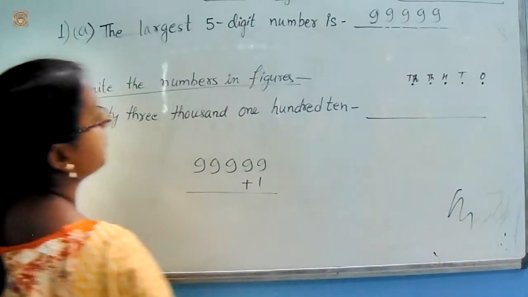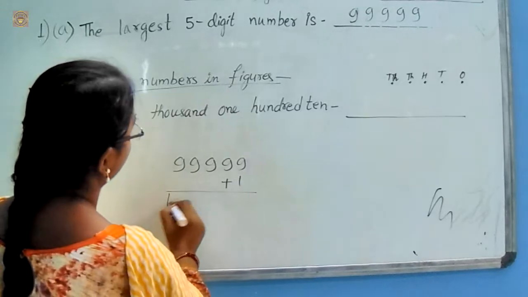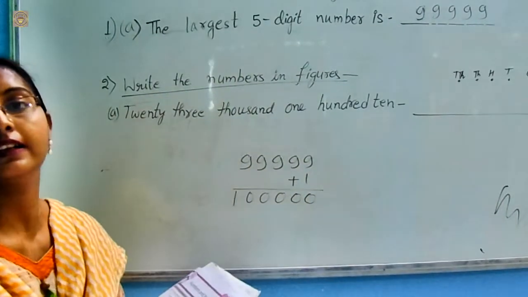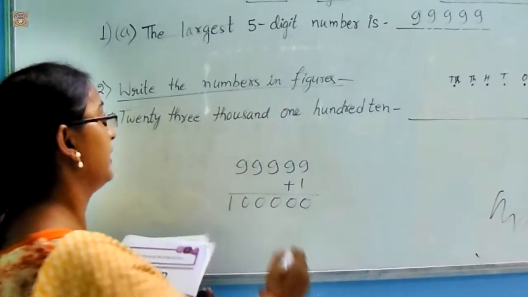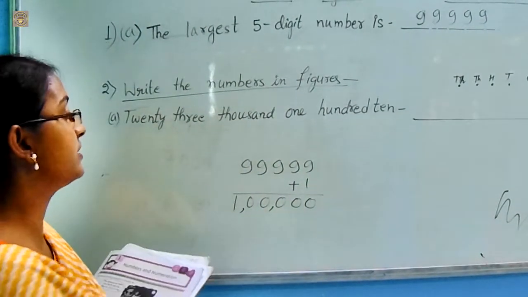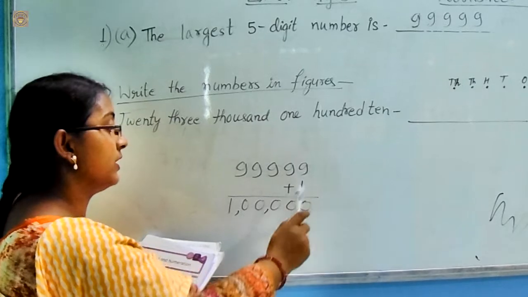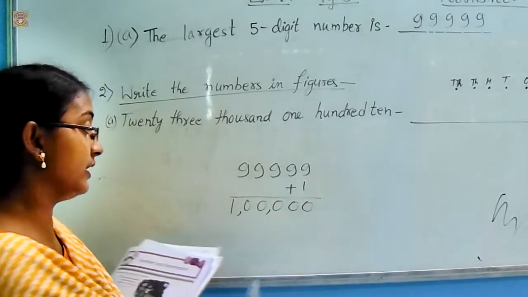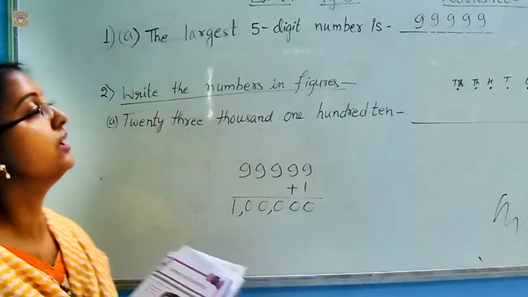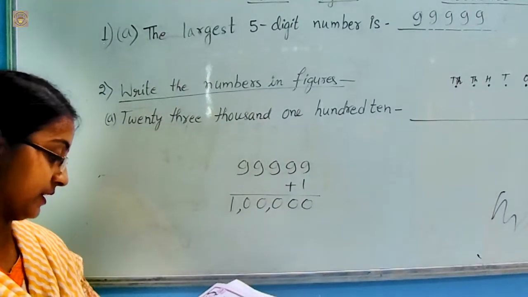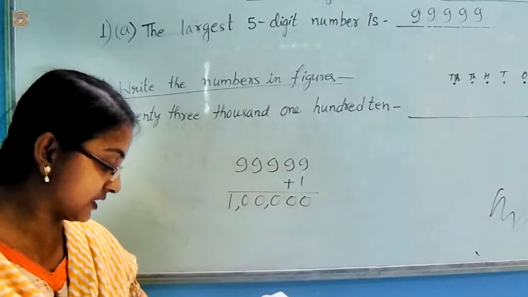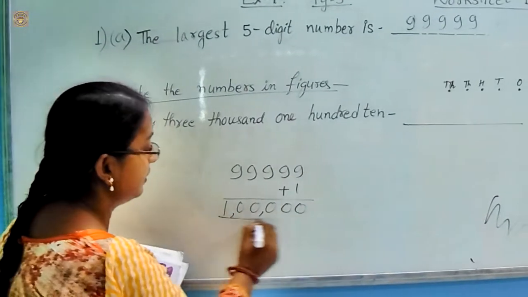If we add plus 1, it will be 10, it will be 1 lakh. That means if we add plus 1, it is 1 lakh, in the sense of the smallest 6-digit number. So we can write in 1B, the smallest 6-digit number is 1 lakh.